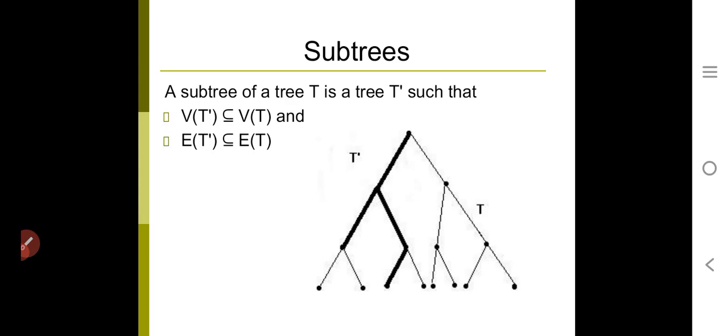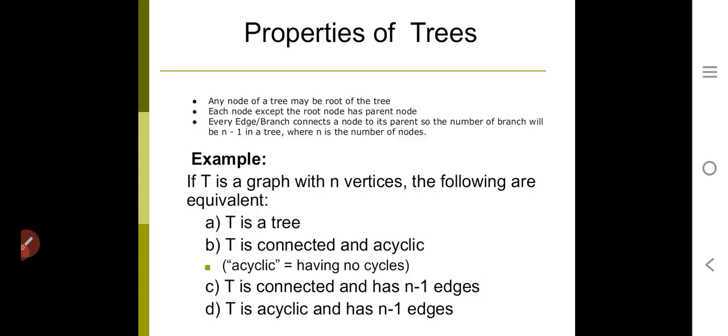For example, in the diagram, we take the dark portion as the graph T dash and the whole graph as capital T. We have to find the vertices and edges. The vertices in T dash are also contained in the vertices of T. Likewise, the edges in T dash are also contained in T. So this is the example for a subtree.